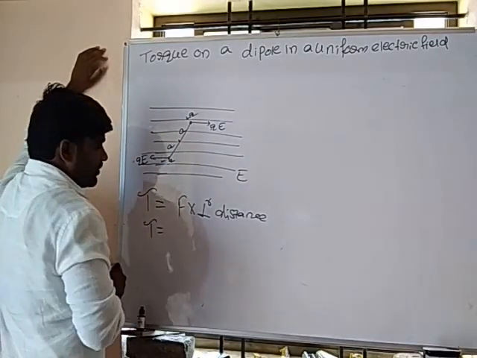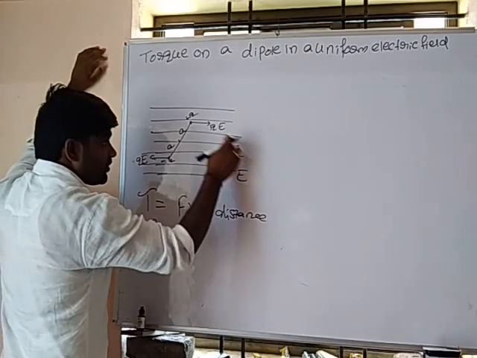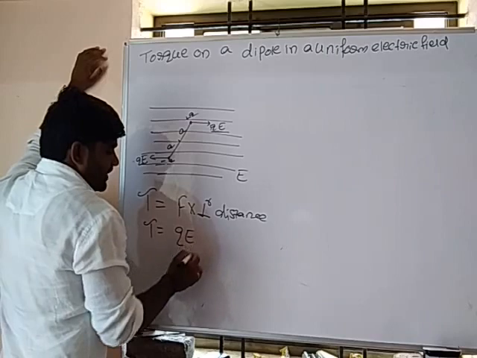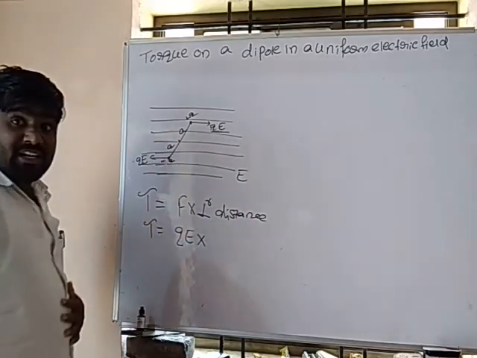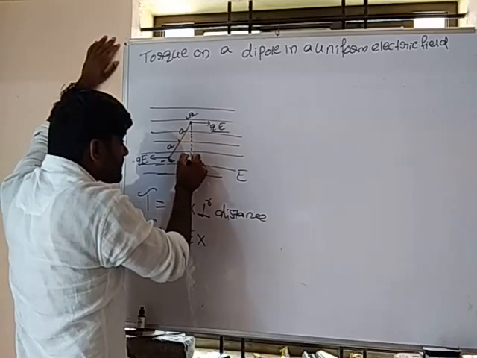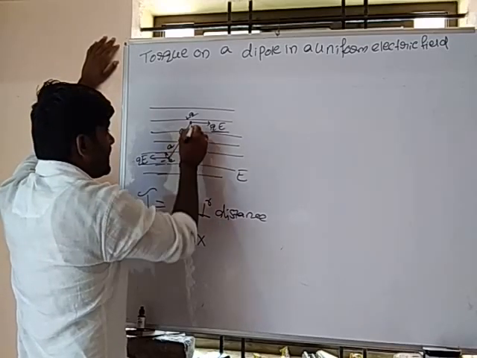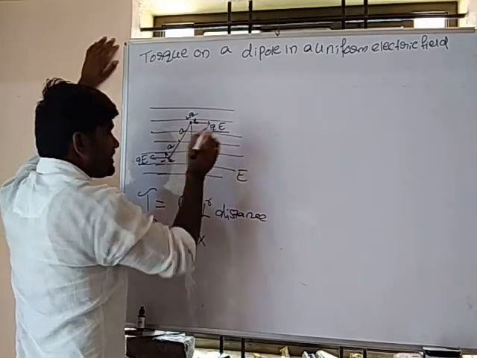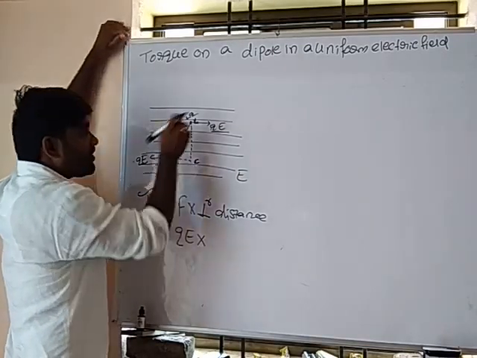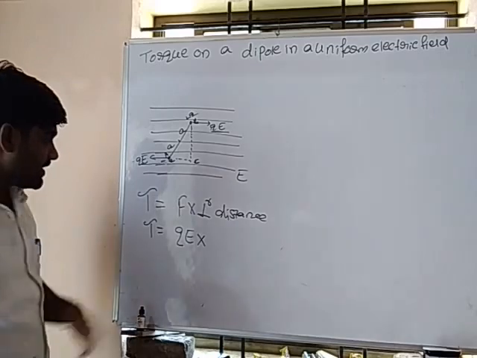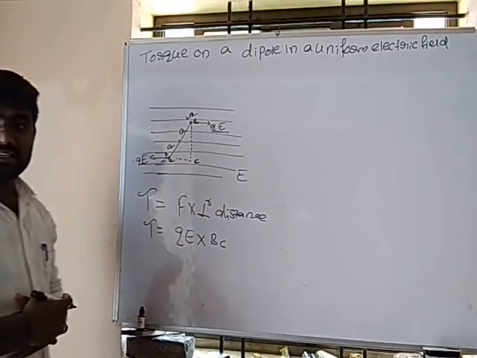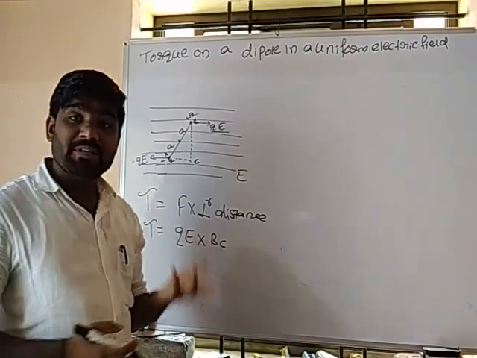Tau is equal to force, which is Q into E. The perpendicular distance here will be your A, B, C. This is your perpendicular distance. I want to calculate BC. How to calculate BC?